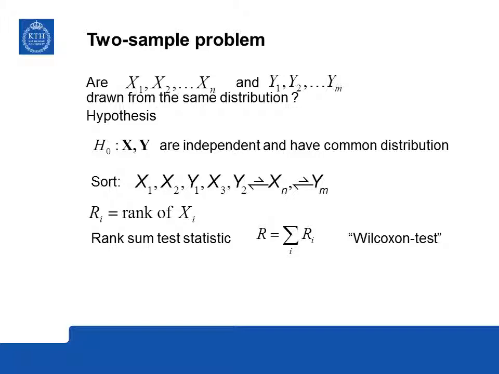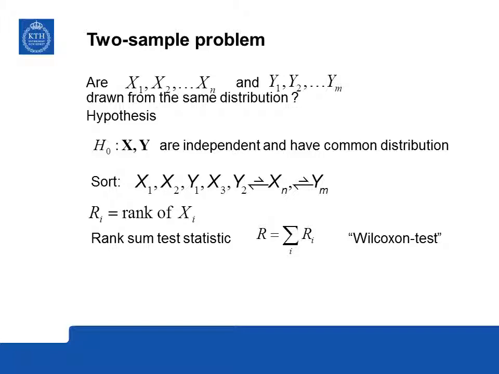So in this example, x1 and x2 are the smallest ones, and then comes y1, and so on until all the n plus m values have been sorted. And Ri is then called the rank of the value xi, so which place in the order from the left the value xi appears.